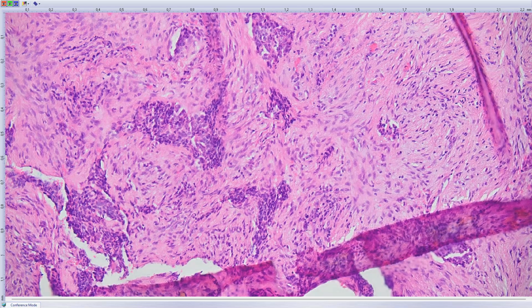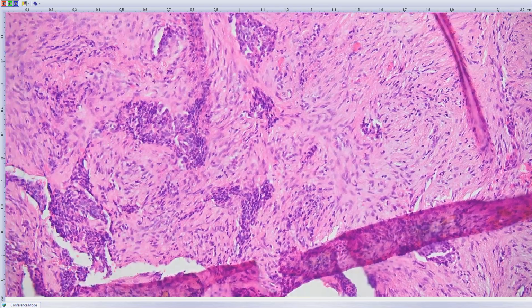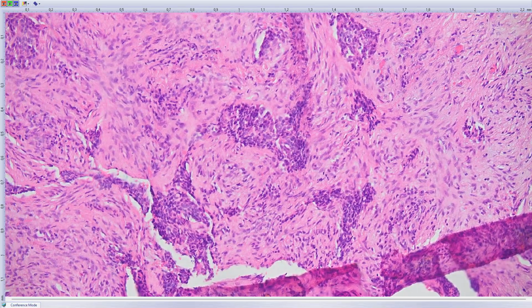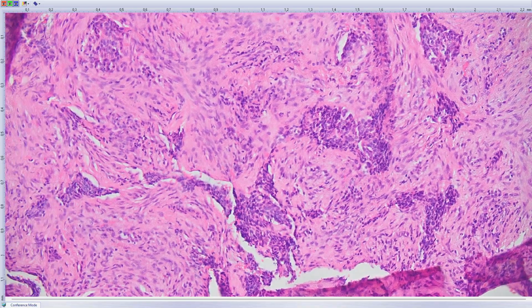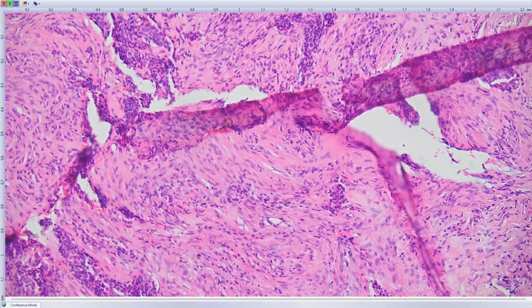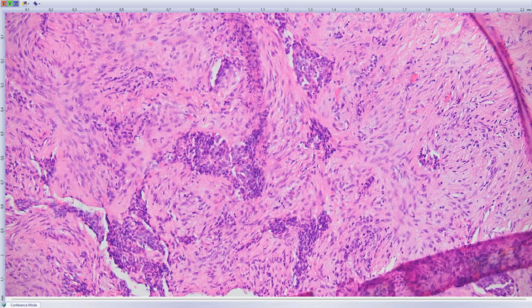Maybe here in the central part there is an eosinophilic focus within the basaloid. Yeah? Maybe even a sarcomatoid component. I don't know. Okay. So, what about the immunoprofile?